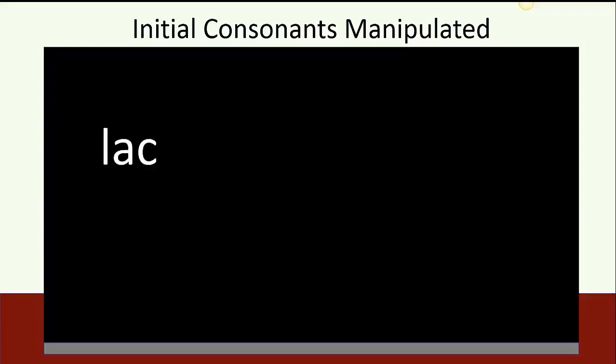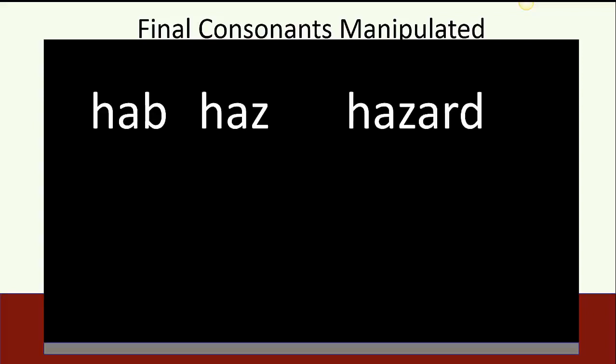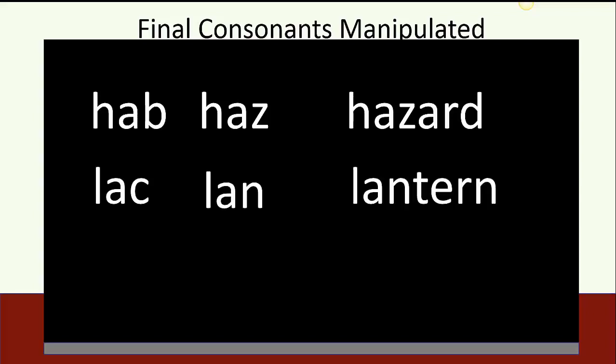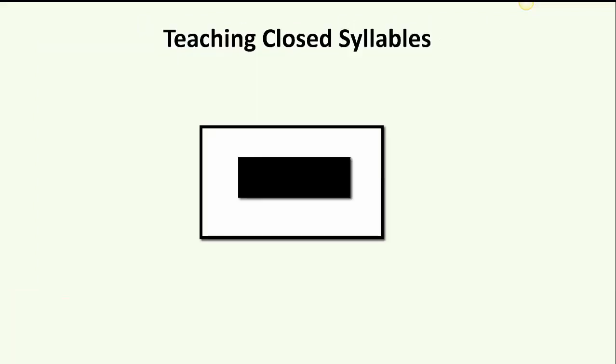Lack can become mac, as in macaroni, and the same can be done with final consonants. Hab can become has, as in hazard. Lack can become lan, as in lantern. Mag can become mal, as in malady. One can make one's own.